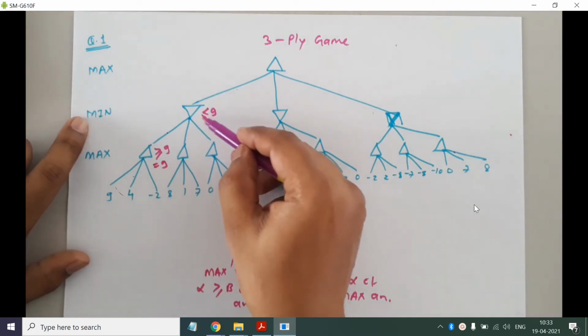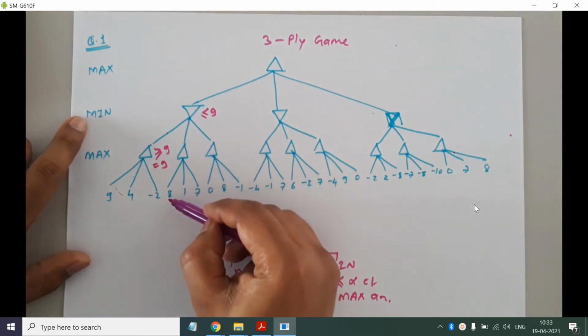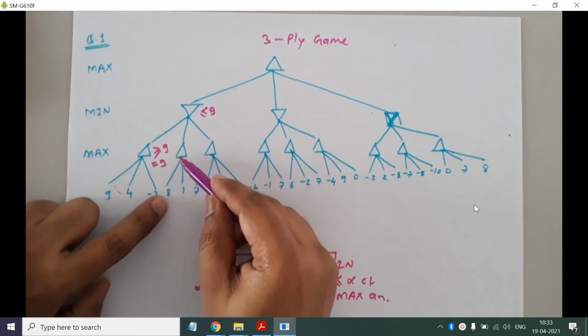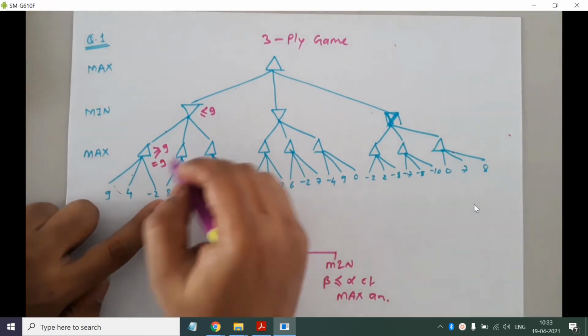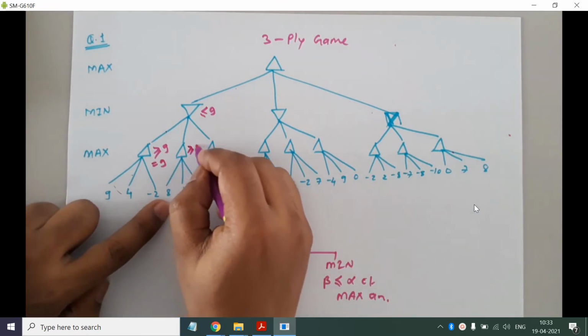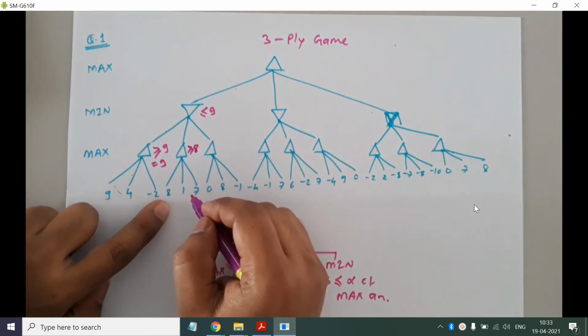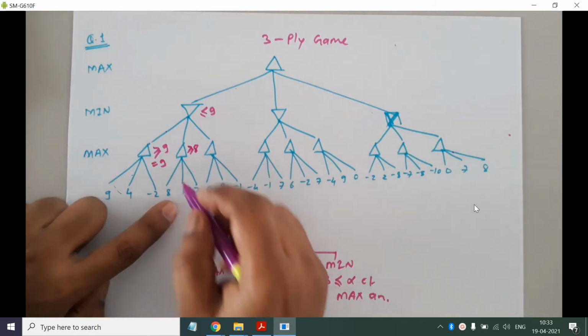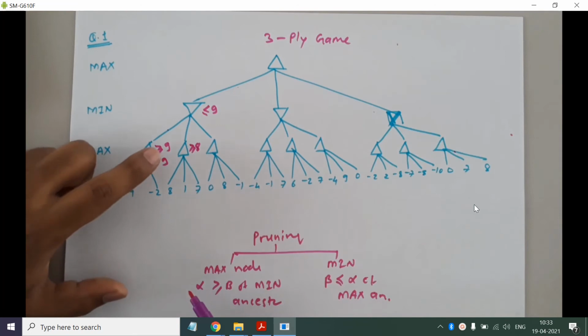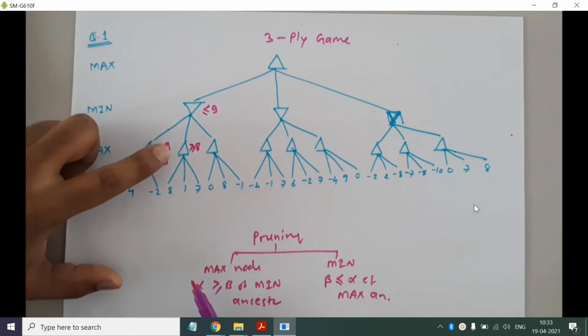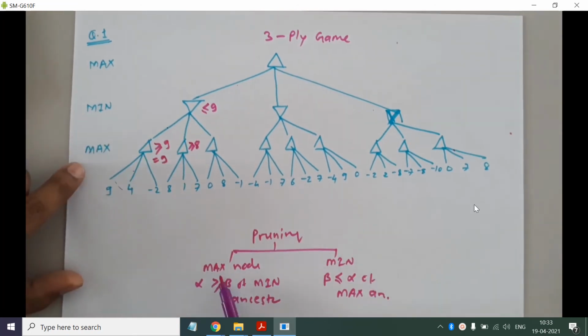So we'll come to this branch. So here we have 8. Here we have a max node and 8. Now the max node will try to maximize this value 8. Let us see whether pruning is possible here or not. We are at the max node, and is alpha greater than beta?